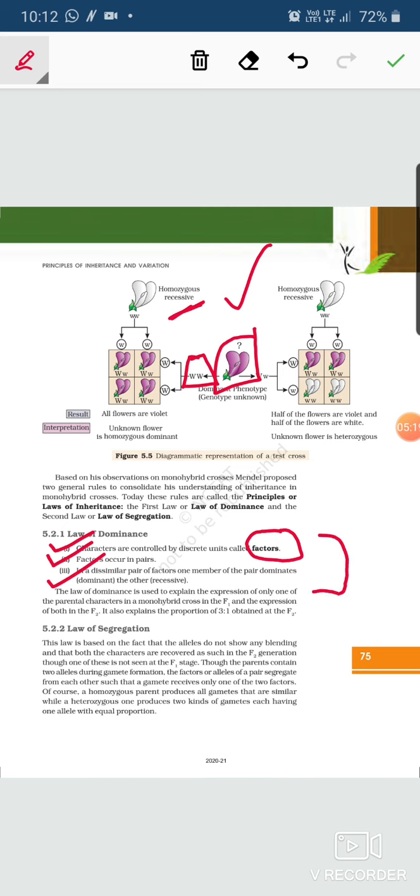So out of the two factors, one member dominates and the other is recessive. The law of dominance explains the ratio, that is why we get 3:1 in the F2 generation. It also explains why in the monohybrid cross we get all the progenies of the same type.